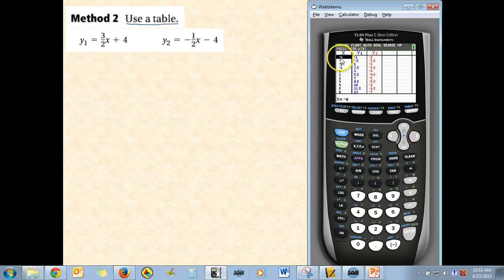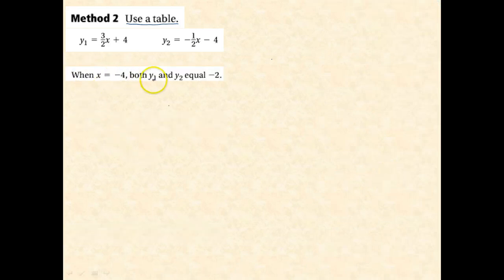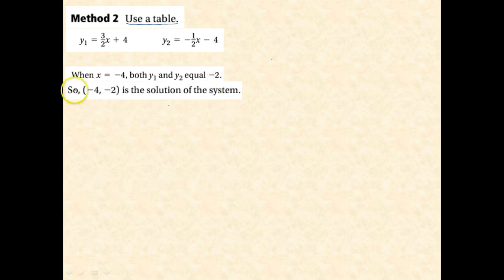And then when x equals negative 4, y1 equals negative 2 and y2 equals negative 2. So we see that when x is negative 4, both y1 and y2 equal negative 2. We can conclude that negative 4, negative 2 is the solution to the system.